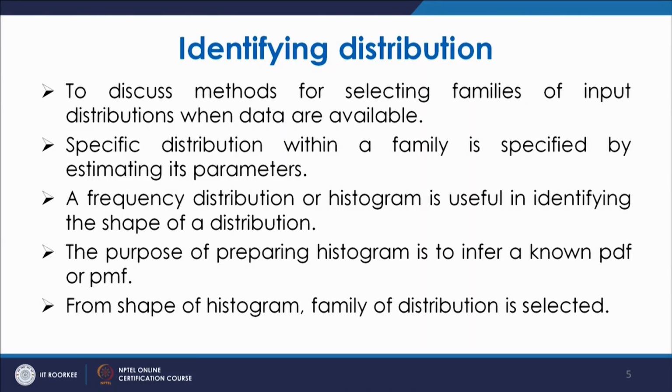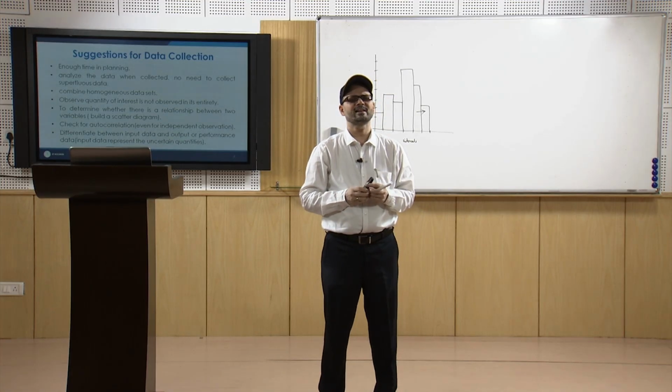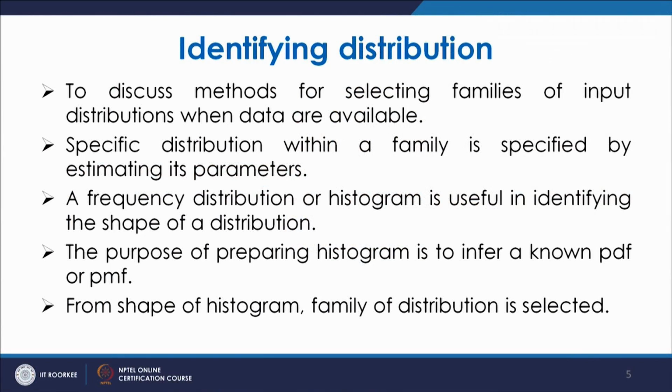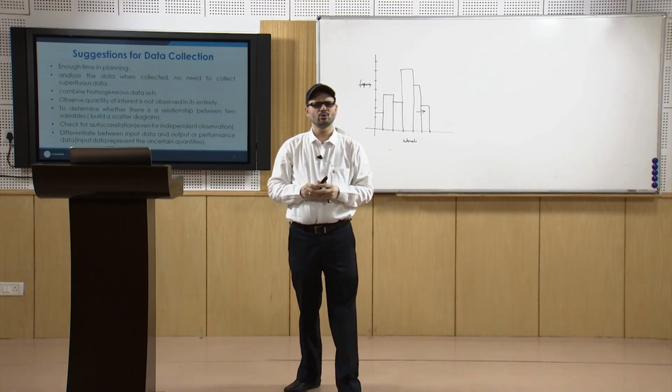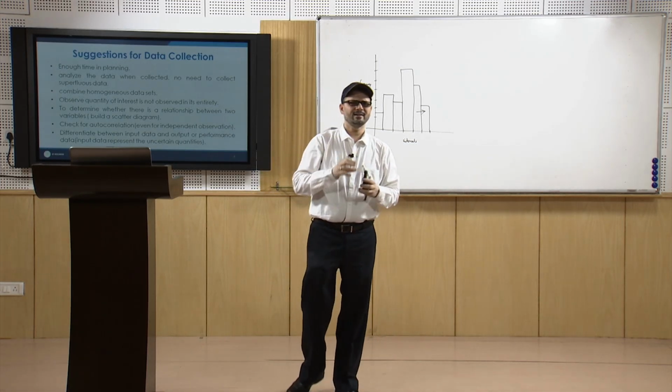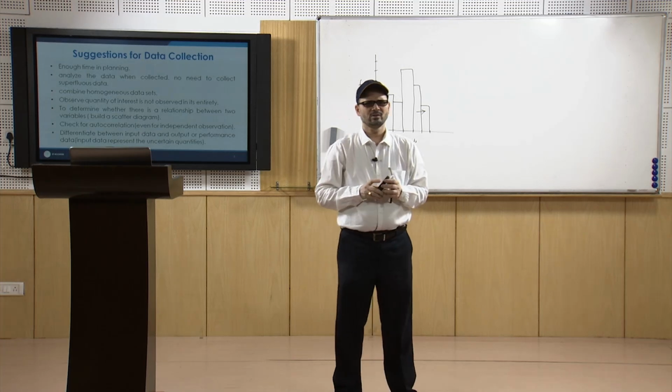Now, identifying the different kinds of distributions. For that you have to discuss methods for selecting families of input distributions when data is available. Once you have the data available, you must know how to put it under a particular family.